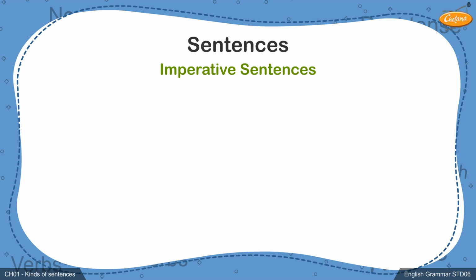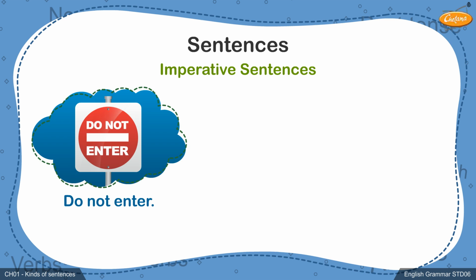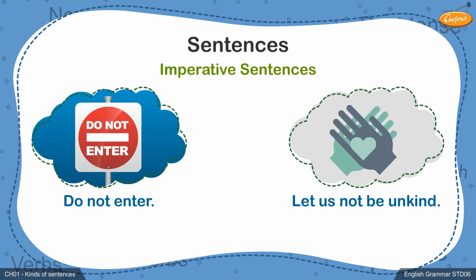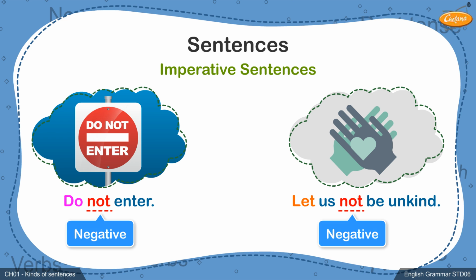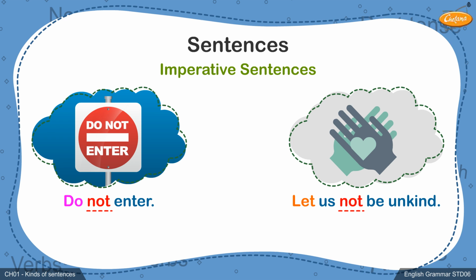However, sentences like do not enter, let us not be unkind, also begin with verbs like do or let and have negative words like not used in them and are called imperative negative sentences.